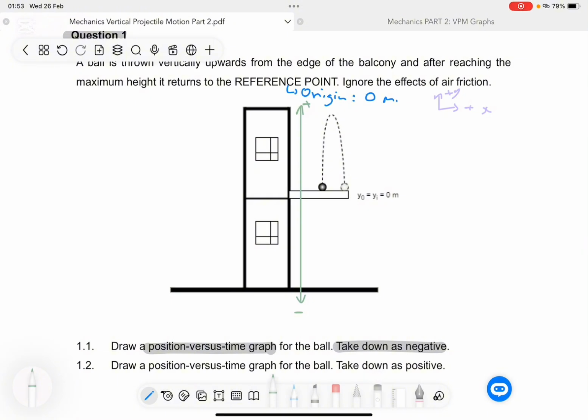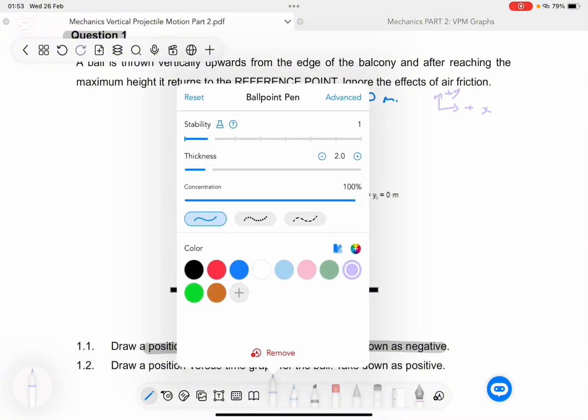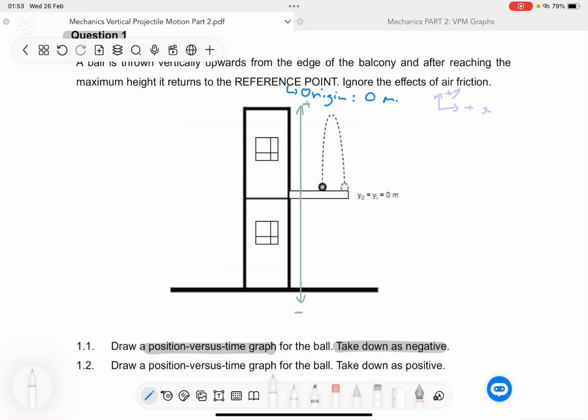Now, the ball will begin with an initial position, Y initial, at the reference frame, meaning at 0 meters, because it starts exactly at the balcony and the balcony is the reference frame. The ball will then occupy a higher position, or height if you like.